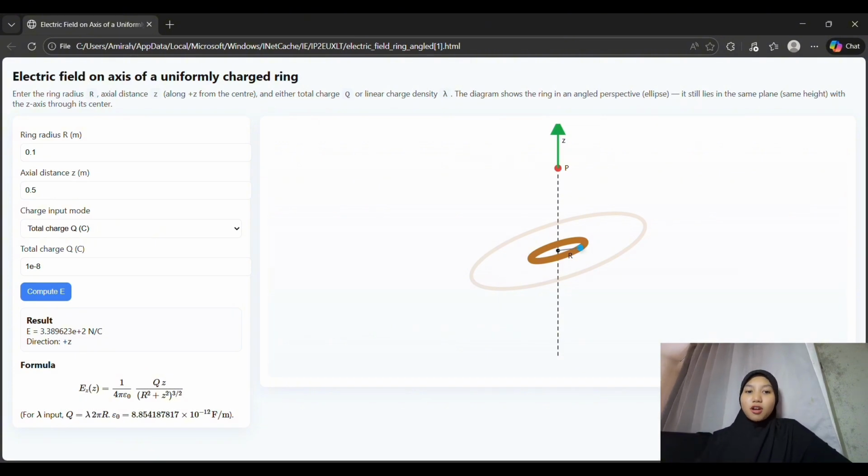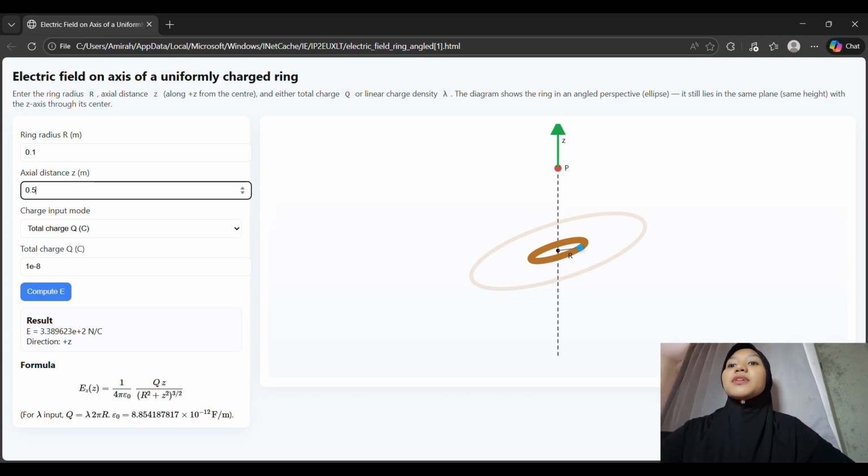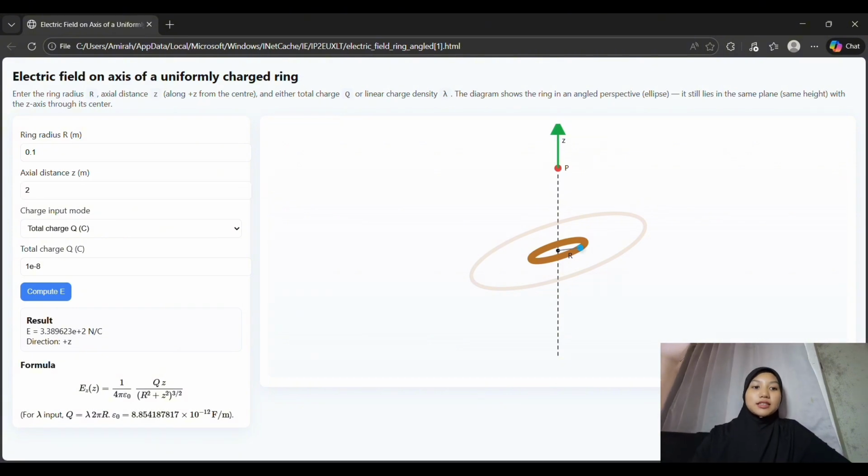This matches Coulomb's law: the field decreases when distance increases. If I change z to a much bigger value, say 2, and push the button E, we can see that E drops significantly and decays approximately as 1 over distance squared, just like a point charge. This confirms that the simulation follows real physical behavior.